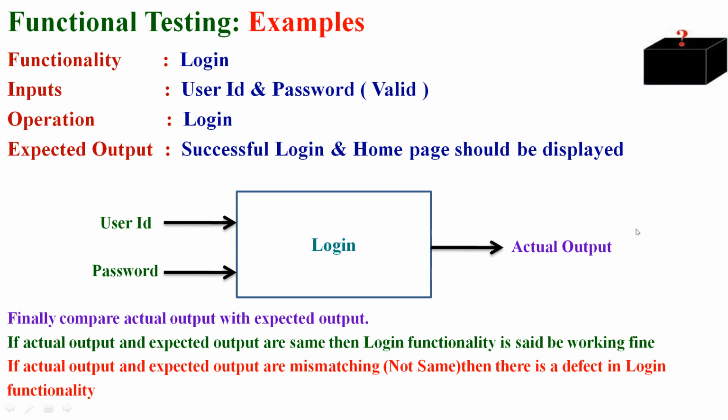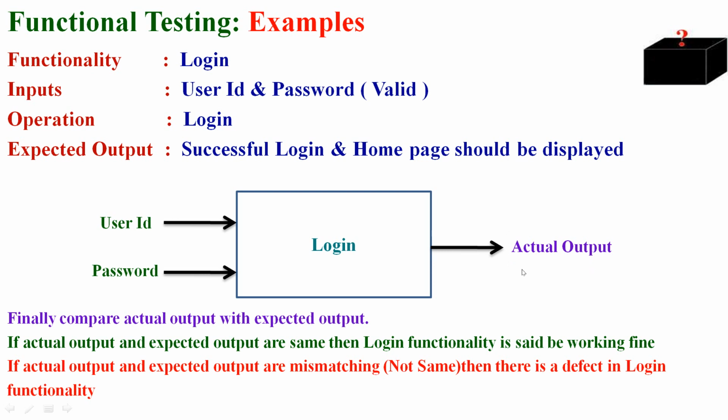See, what do you mean with the actual output? After successful completion of this particular operation on these inputs, whatever output we are getting here is called actual output. I repeat, the output after performing the operation, whichever output we are getting here, this output is called actual output.